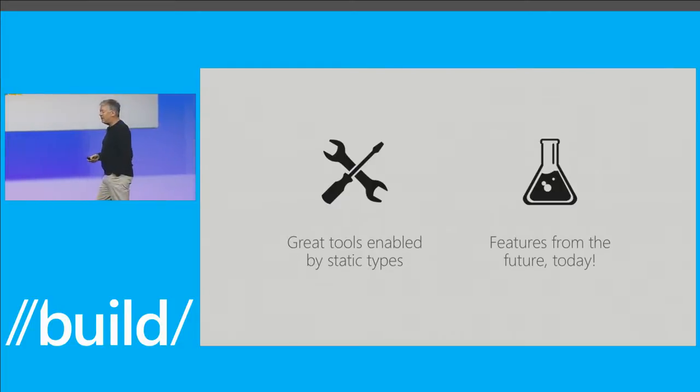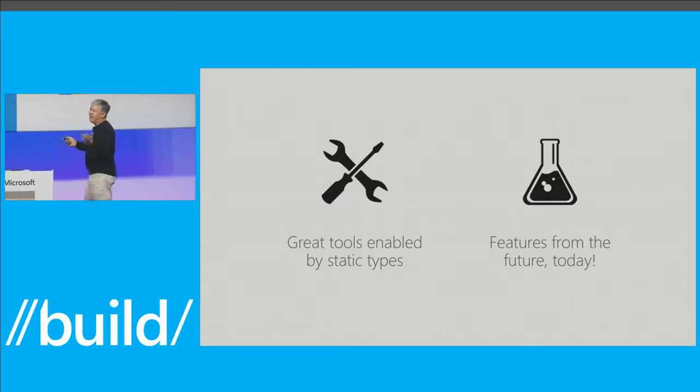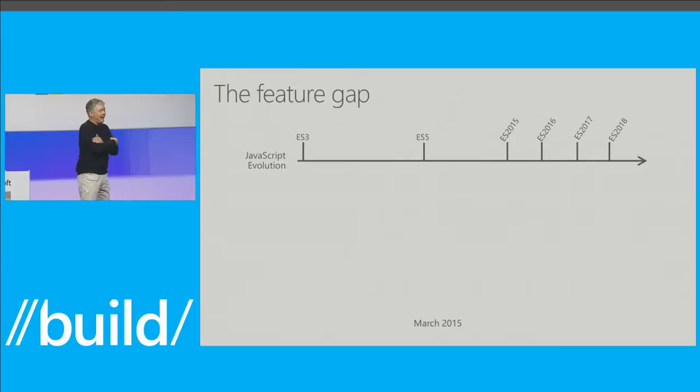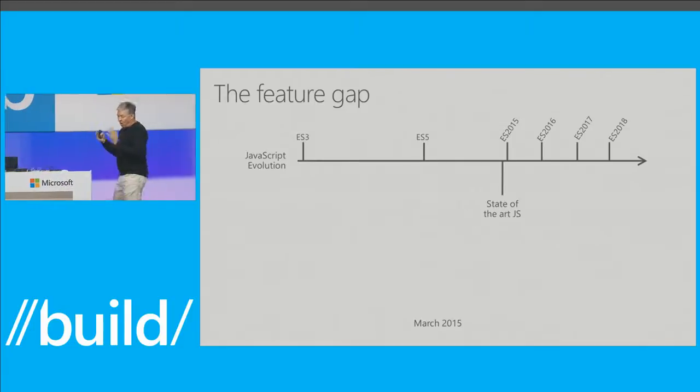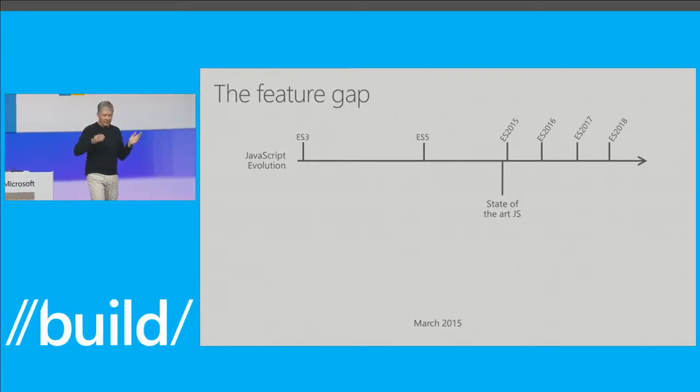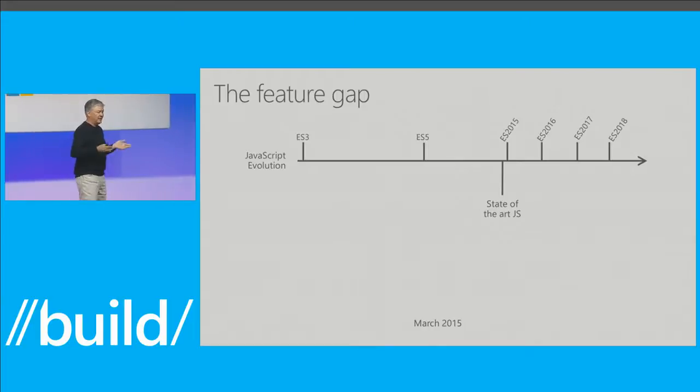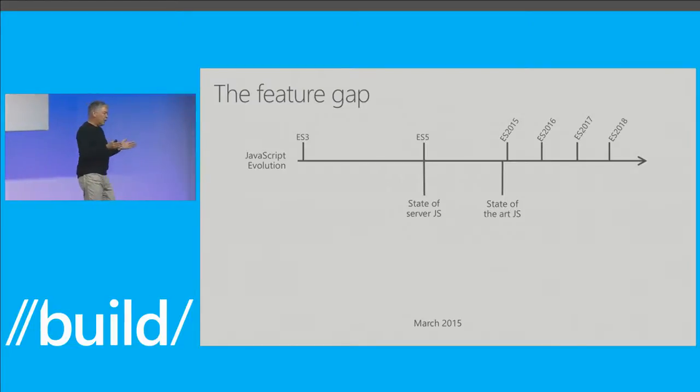But of course, a lot of these features aren't actually available in the wild. In fact, if you look at this thing that we call the feature gap, and let's start back, say, a year ago. A year ago, the state of the art of JavaScript was that ECMAScript 2015 was almost complete. And basically, there were specs for all of these new features, classes, modules, et cetera. However, on the server, Node.js had only gotten to about ECMAScript 5.